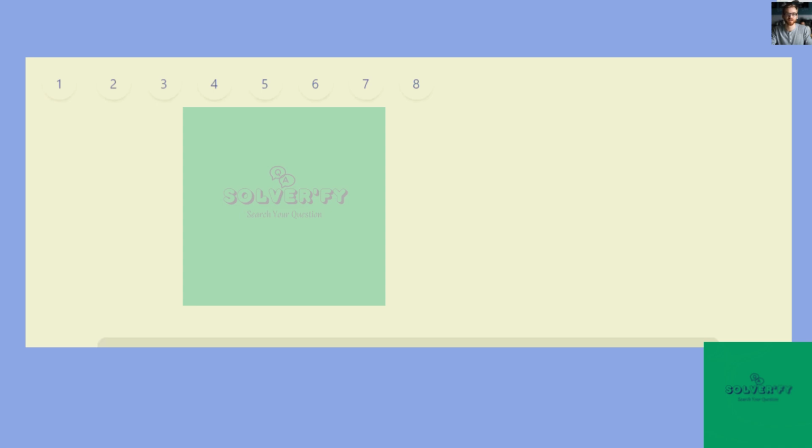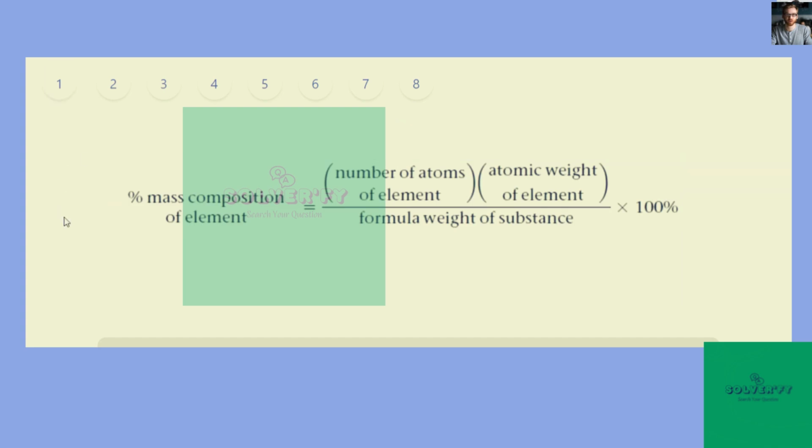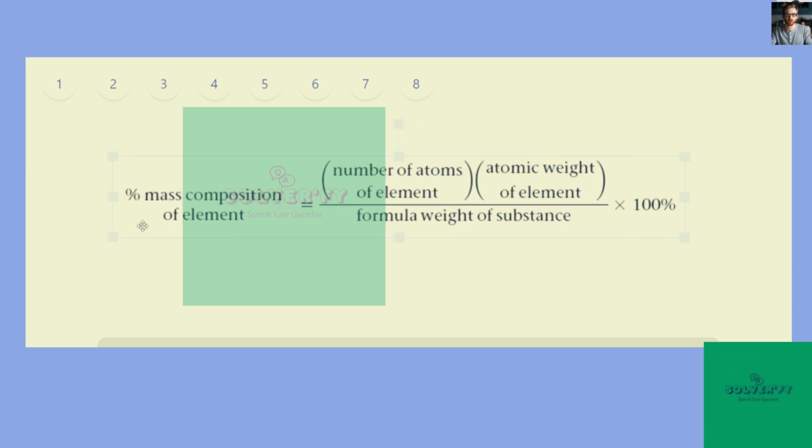Of some of the compounds given, and basically from there we have to calculate the mass percentage of a specific element present in those compounds. To find the percent of mass of an indicated element in a specific compound, we will use this formula.